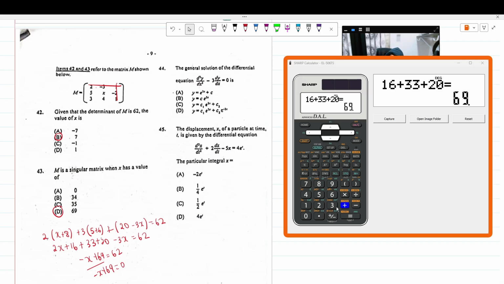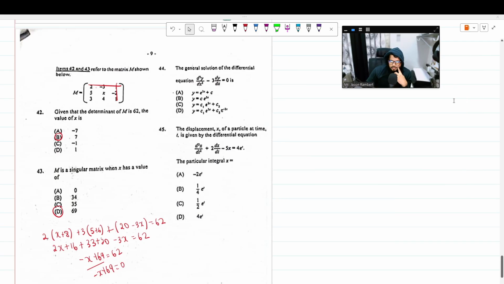The general solution of the differential equation. Alright, so this is going to be real and distinct. 0 and 3 are going to be the answer. So we're going to get a e to the 0x plus b e to the 3x.